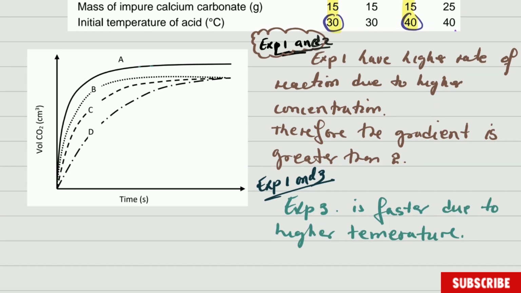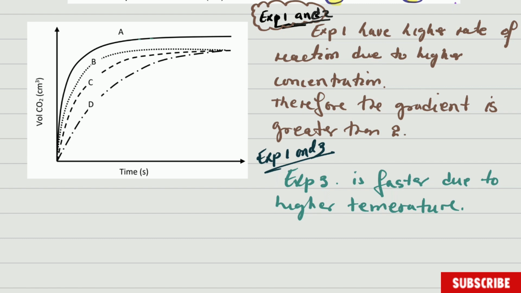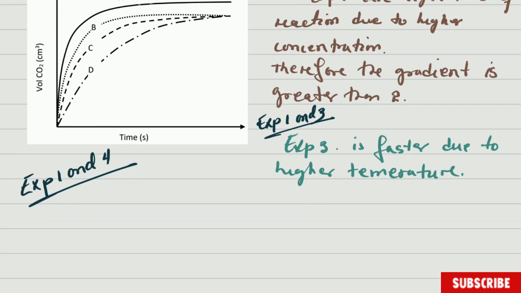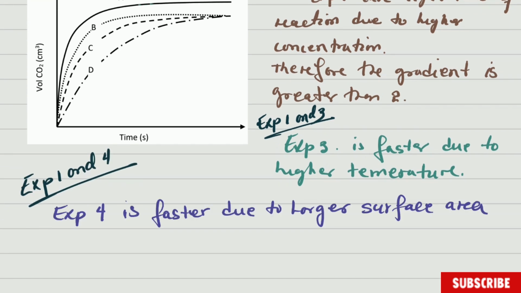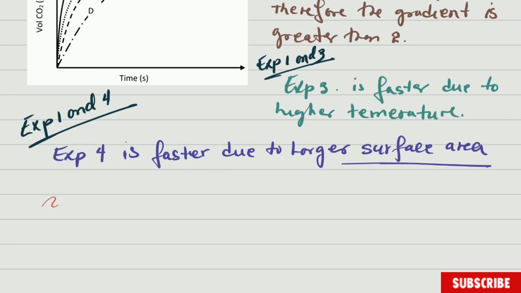And when you compare experiment 1 and 4, you can say that experiment 4 is faster due to the larger surface area. And to end, graph A, and this is the end of the explanation. Graph A is going to be experiment 4. Why is it experiment 4?